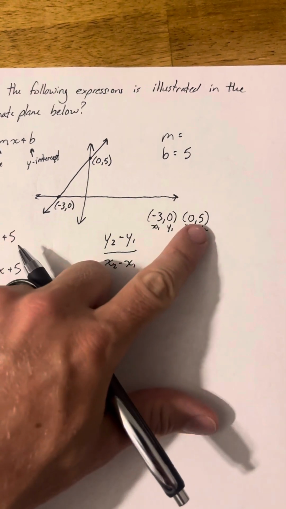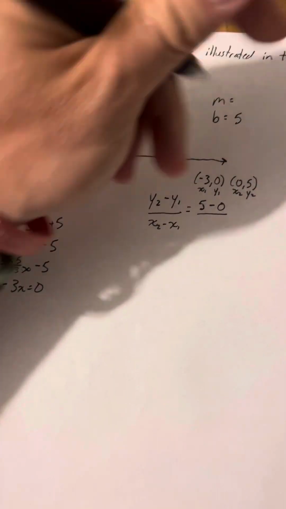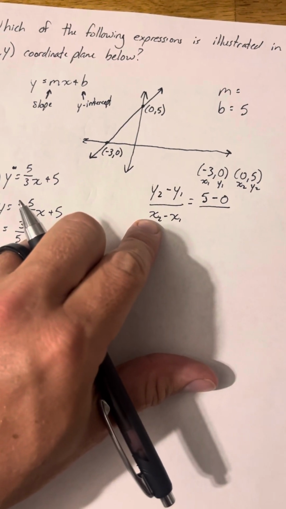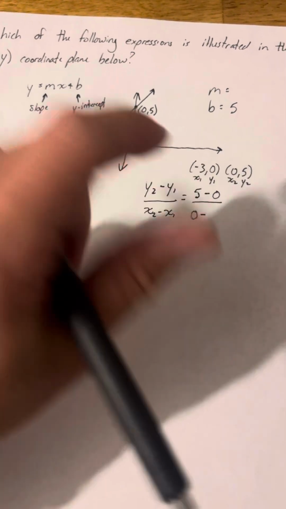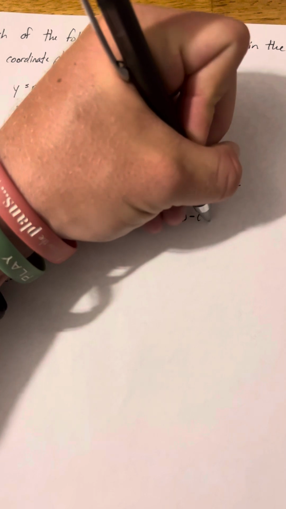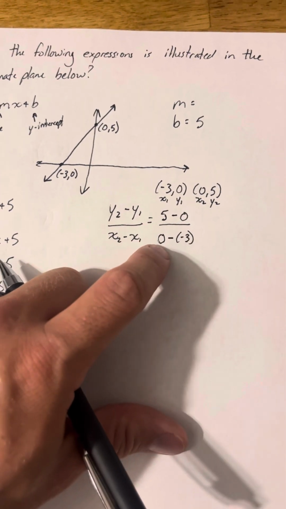All right, so I'm gonna plug these into this formula. So my y2 is replaced with 5, minus my y1 is 0. On the bottom, my x2 is 0, minus my x1 is -3. So now I have 5 minus 0 over 0 minus -3.